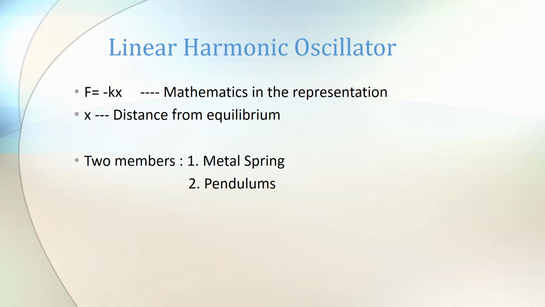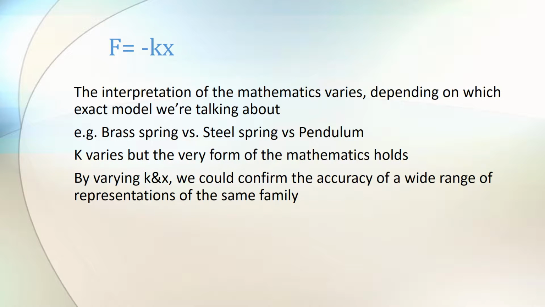Given the equation F equals negative kx, the interpretation of this mathematics varies depending on which exact physical model we're talking about. For example, the material of the spring might change the components in this mathematical representation. The constant k might change due to the change of the material of the spring.